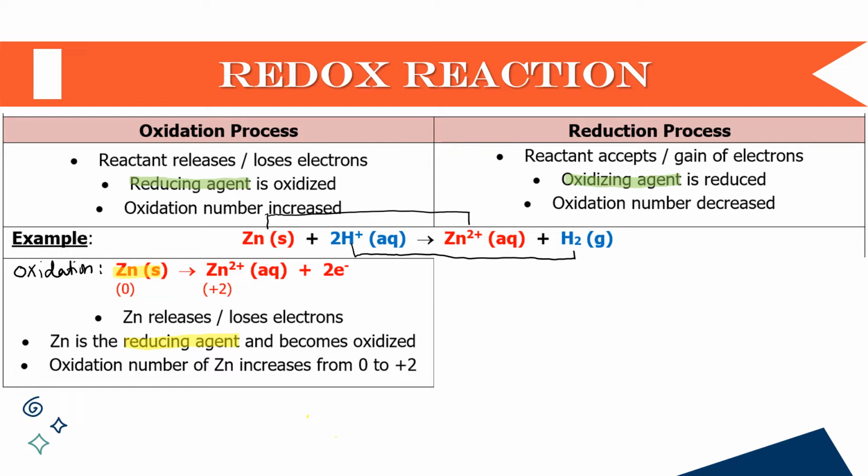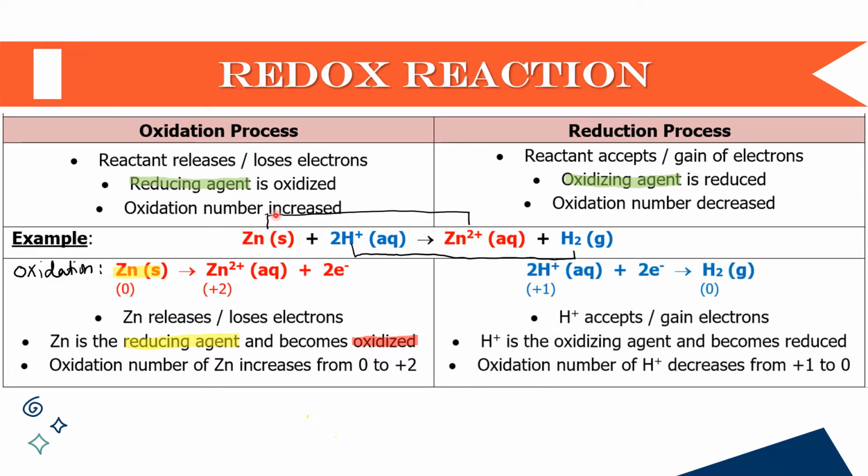Why? Because zinc will undergo oxidation. The oxidation number of zinc increases from 0 to +2. So there is an increase in oxidation number, and that's why zinc undergoes oxidation.